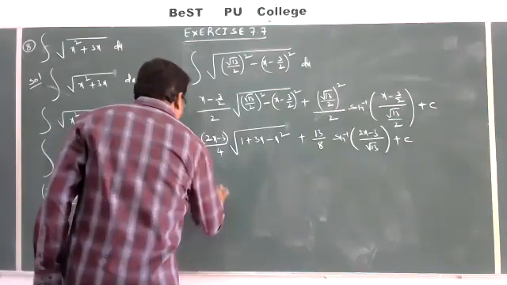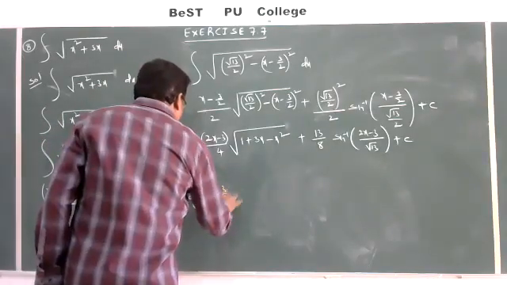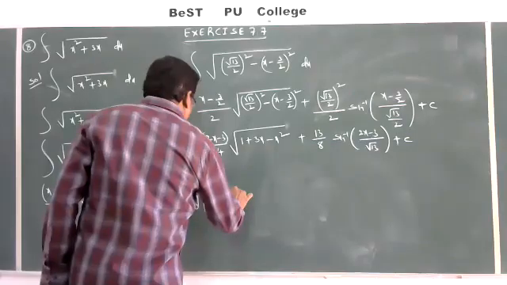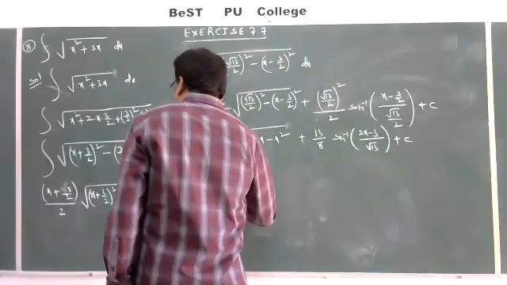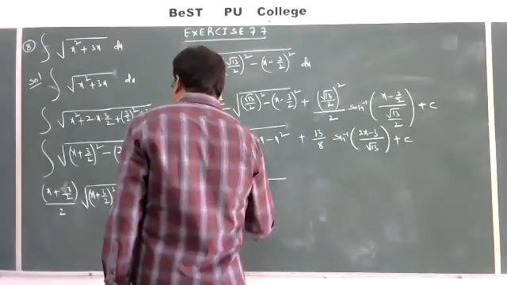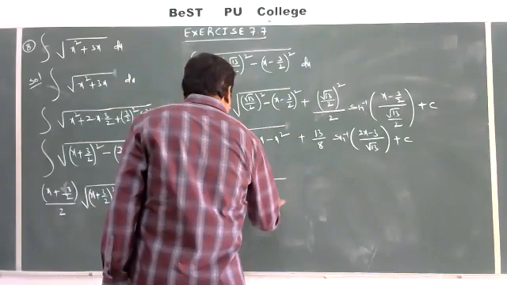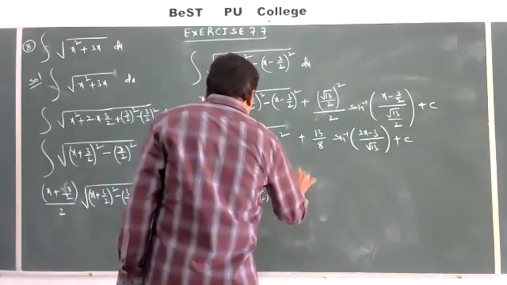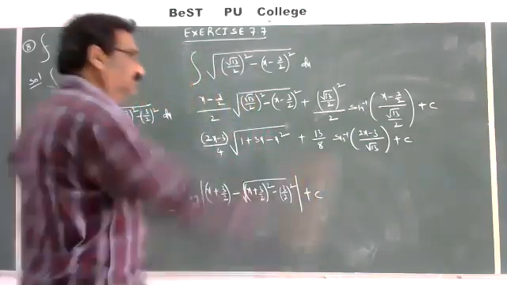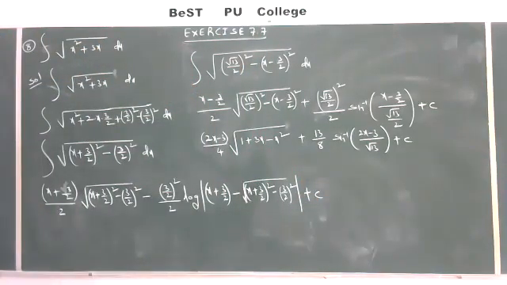Log mod x is x plus 3 by 2 plus root of x plus 3 by 2 whole square minus 3 by 2 whole square plus c. That is x by 2 into root of x square minus a square, minus a square by 2 into log mod x plus root of x square minus a square.